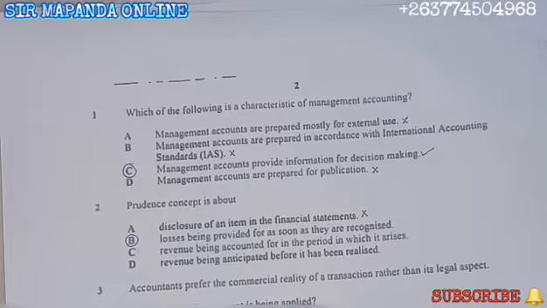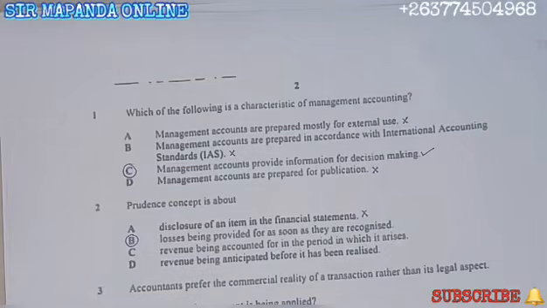Part C is in line with matching concept, where revenue, expenses, income are recorded in the accounting period earned and or incurred. Then part D, revenue being anticipated before it has been realized. This is a violation of realization concept. So the answer is B.